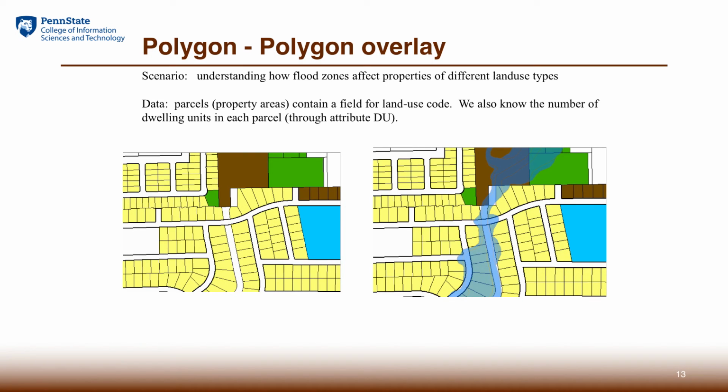Let's take a look at the example of polygon to polygon overlay. Here we have the land parcels distributed across the area. We want to consider the impact of the flood zones on those parcels. When the designated flood zone is a real flood, we have to notify the impacted area, the impacted parcels.